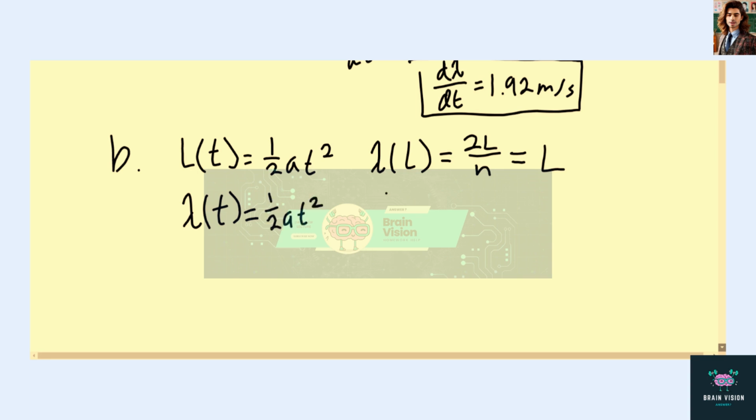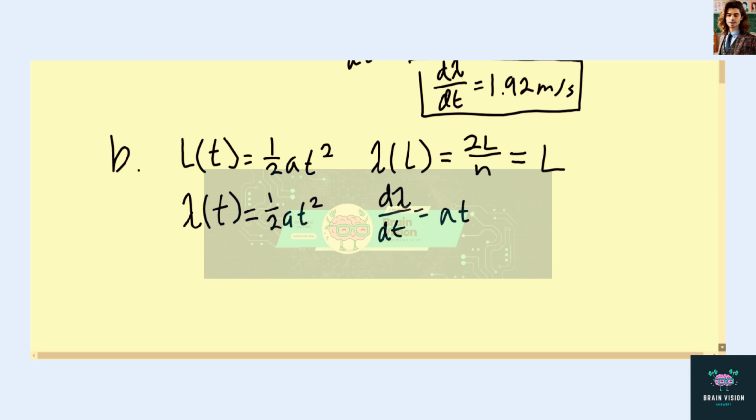So we have that lambda is equal to L, which means that to get a formula of lambda in terms of time, it's just the same as L in terms of time. So lambda is equal to 1/2 AT squared, which means that if we do d lambda dt, then we'll have just AT for our time derivative of lambda.